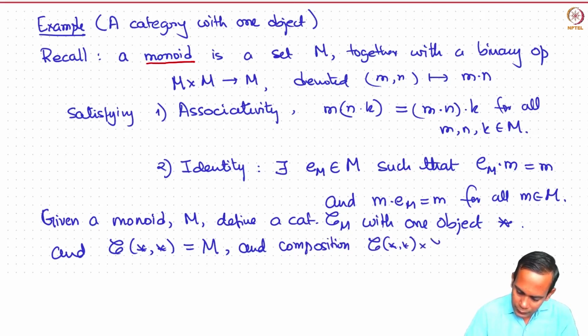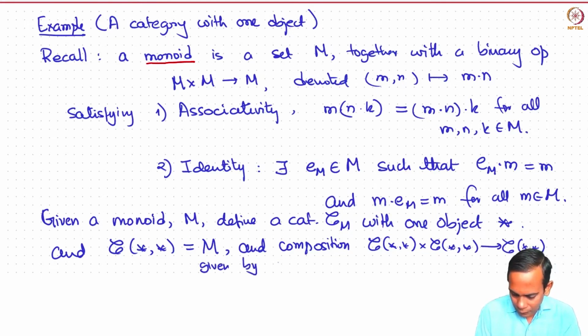There's only one object to worry about, so the only composition map that you have to worry about is from C(star, star) cross C(star, star) to C(star, star), given by n circle m is nm, multiplication in the monoid. And then the associativity axiom for monoids corresponds to the associativity axiom for the category C_M, and the identity axiom for monoids corresponds to the identity axiom for the category C_M.